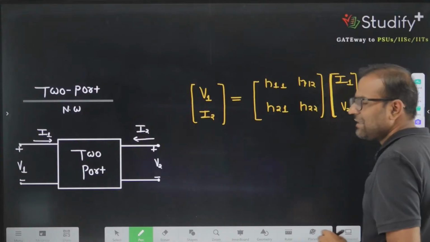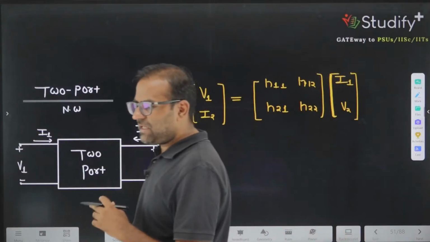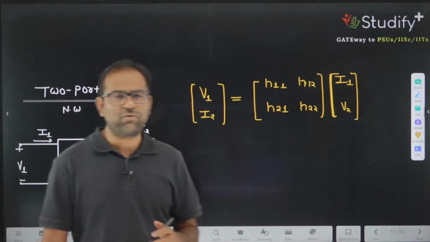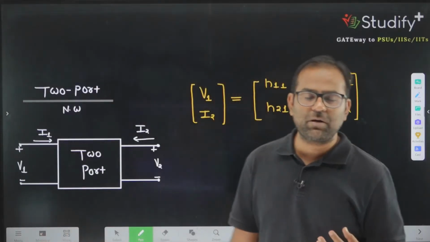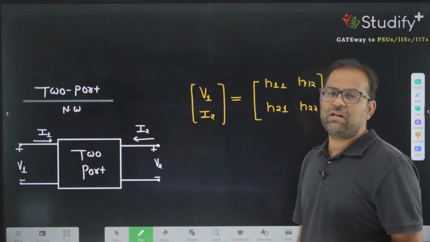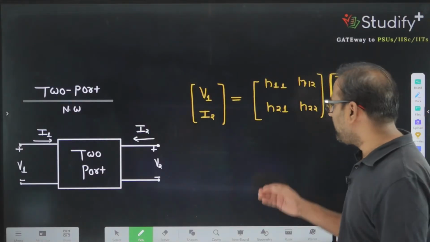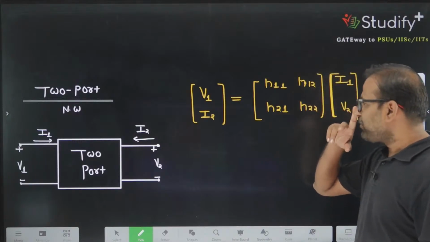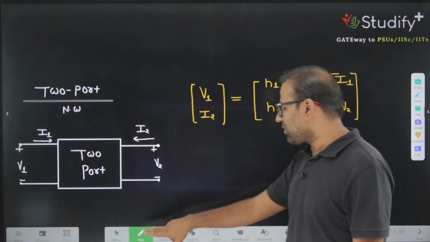So I can say in this case which one is dependent variable. So in all previous cases we have taken input port as a dependent variable or output port as a, or you can say voltage as a dependent variable or current as a dependent variable. But here we are having what is dependent variable and what is independent variable.